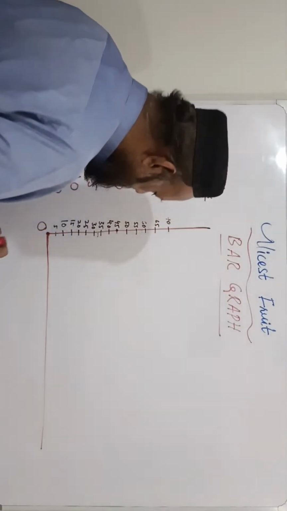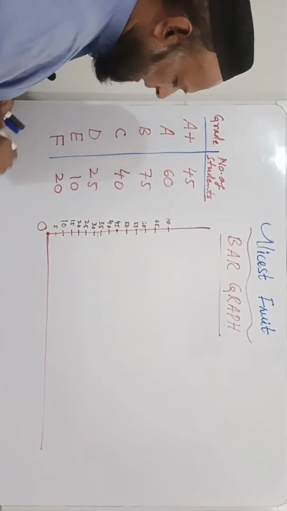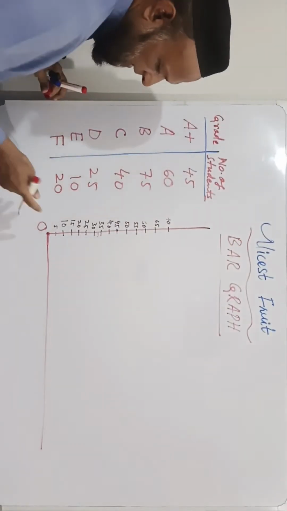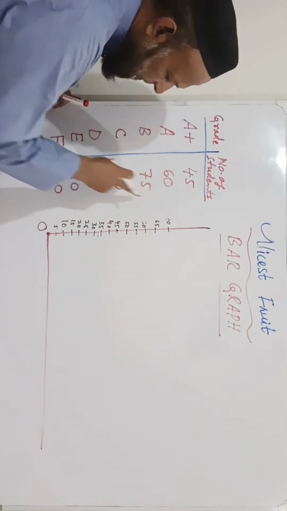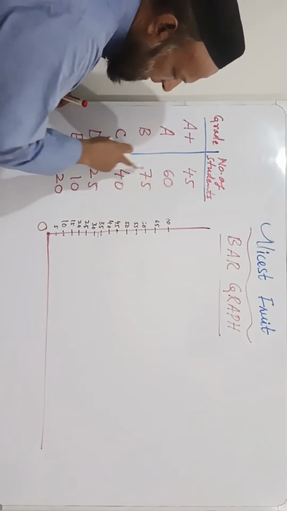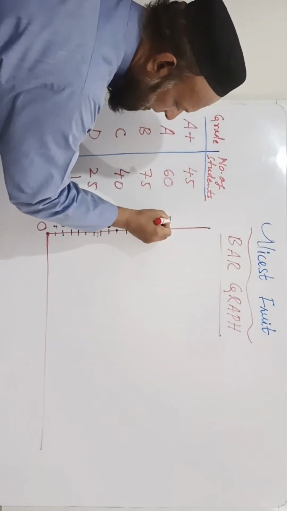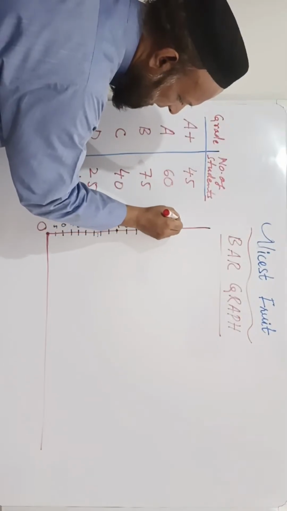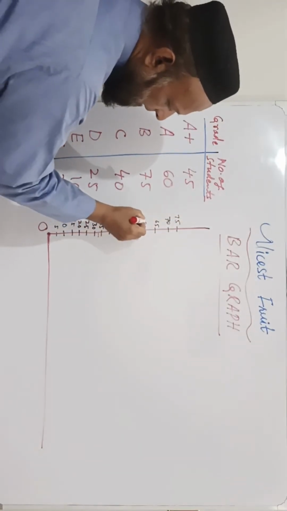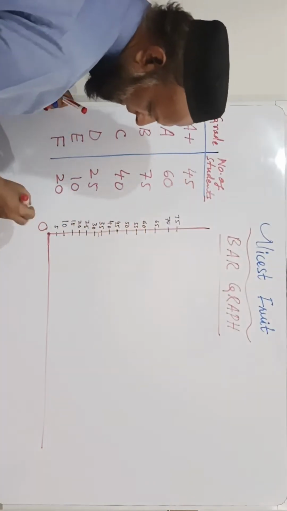What we'll do is, first of all, we have to mark it as we have already marked. You can check whether these marks are matching or not. The minimum result is 10 and maximum is 75. We have marking till 70. Okay, so we need 75. So say this is 75. This is 60 and all others are okay.